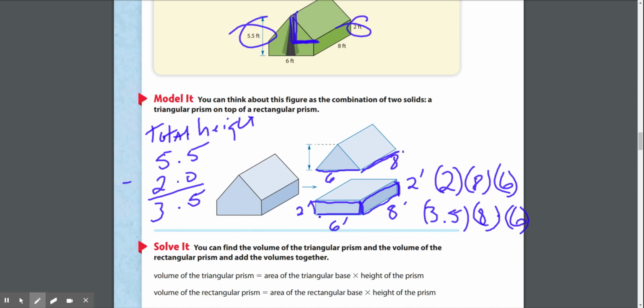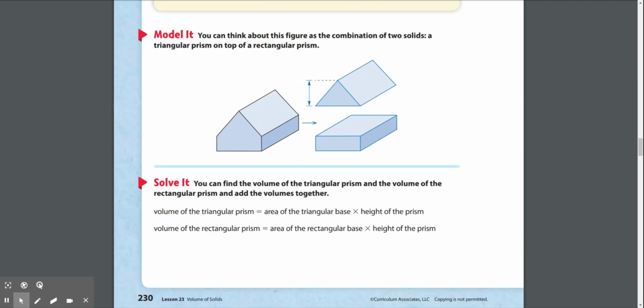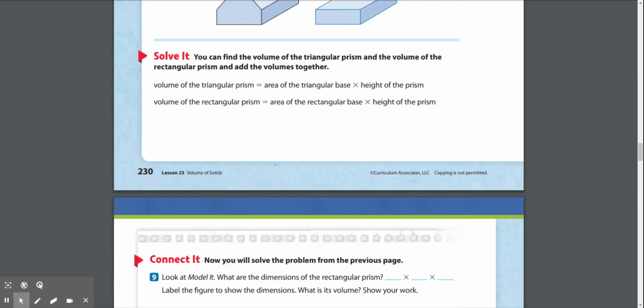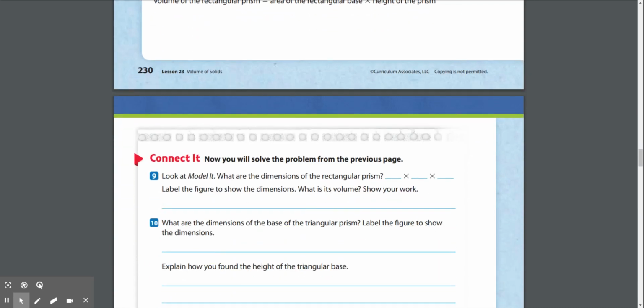All right. So let me erase this so I can continue on. So we can say, what are the dimensions of that rectangular prism? They were 2 by 6 by 8.